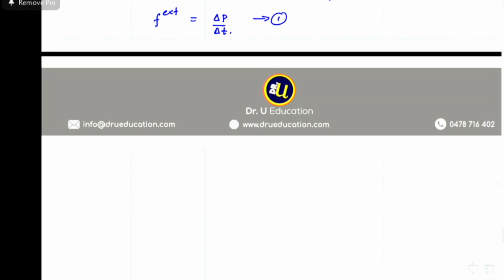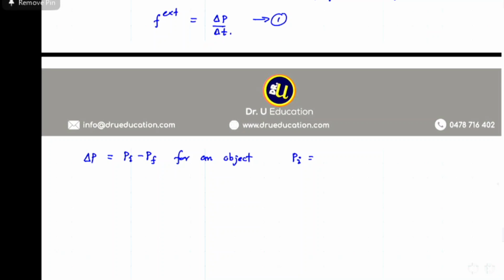Okay. What is delta P now? P initial minus P final for an object, right? So what is P initial? M Vi, right? What is P final for that object? M Vf. Yeah.